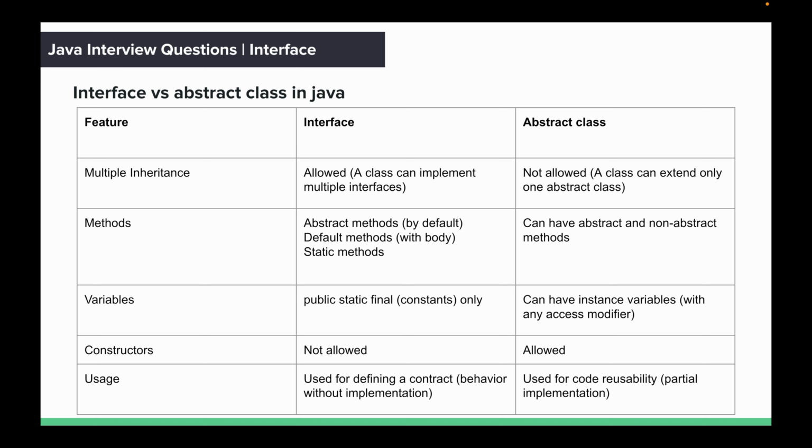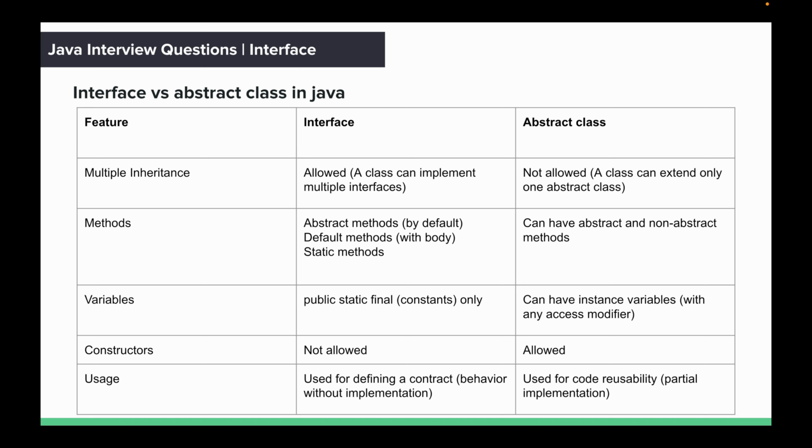Talking about constructors, an interface doesn't support constructors, and an abstract class can support constructors. And talking about uses, interfaces are mainly used for defining a contract, like behavior without any implementation. And abstract classes are mainly used for code reusability, like partial implementation.